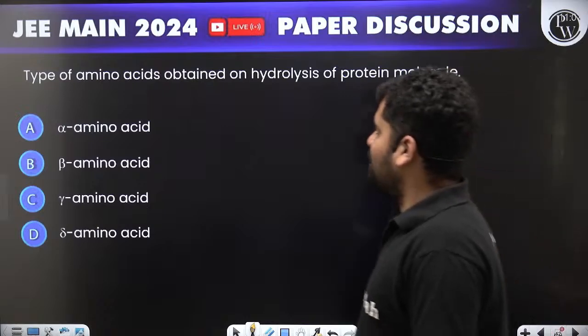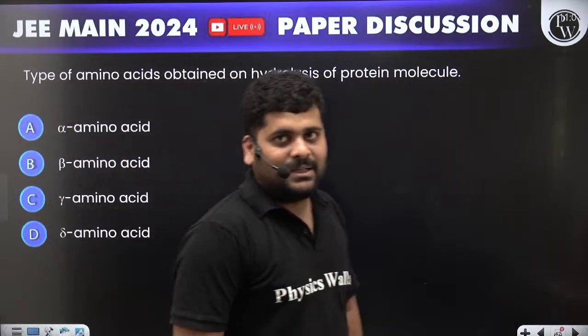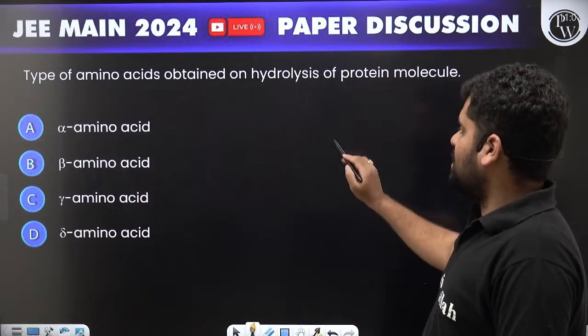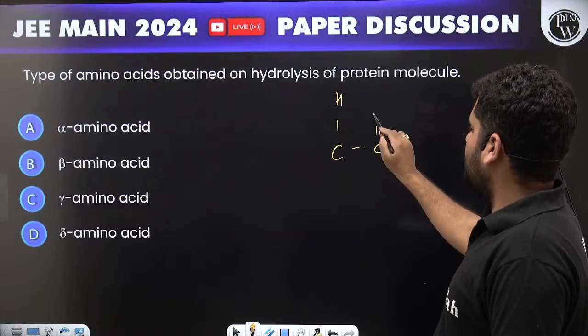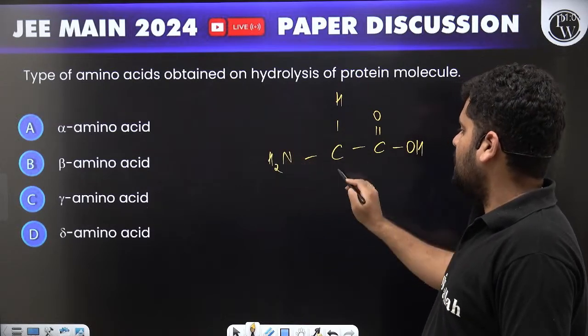Next question after this. Type of amino acids obtained on hydrolysis of protein molecule. What are the types of amino acids which are obtained? See, suppose you have CH and you have C double bond OH and you have NH2 and you have an R group.